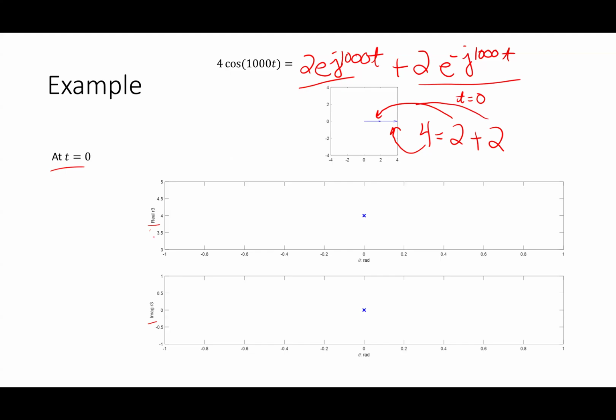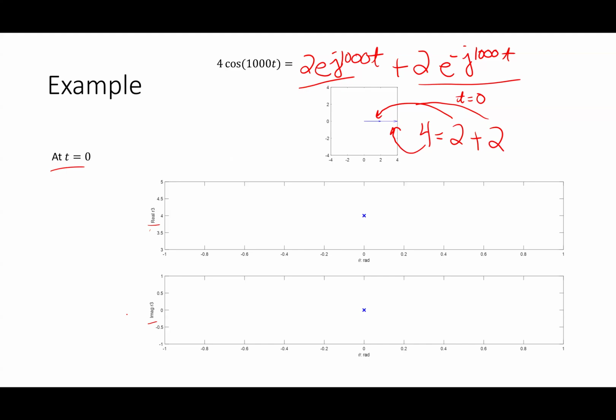Now, what I've done is I've shown the real and the imaginary part of the sum at that point in time. So if I had the vector 4 there, what's the real part of 4? 4. What's the imaginary part of 4? 0, right? So the imaginary part here, at t equal to 0, is 0. The real part is 4.